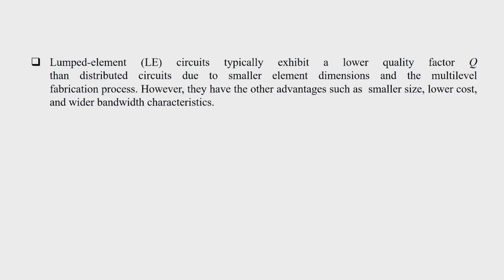So, lumped element circuits typically exhibit a lower quality factor Q than distributed circuits due to smaller element dimensions and the multi-level fabrication process. However, they have other advantages such as smaller size, lower cost and wider bandwidth characteristics.